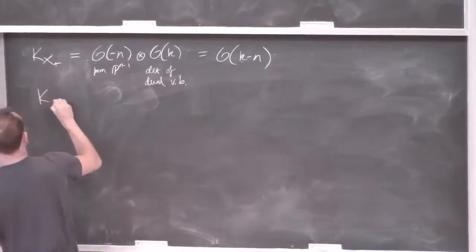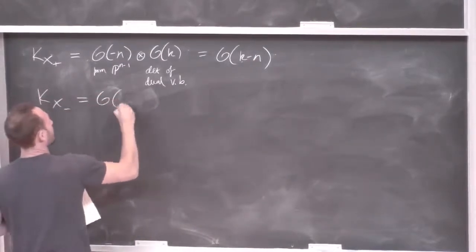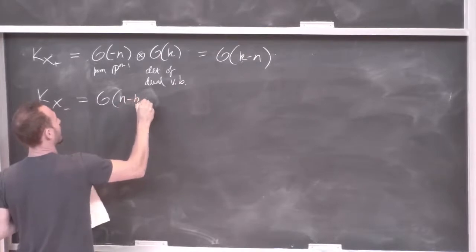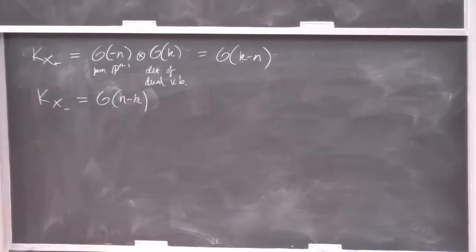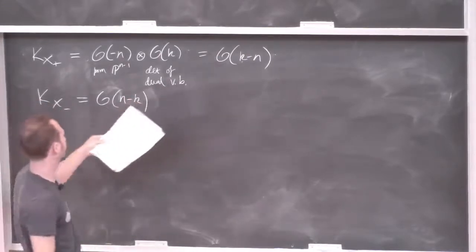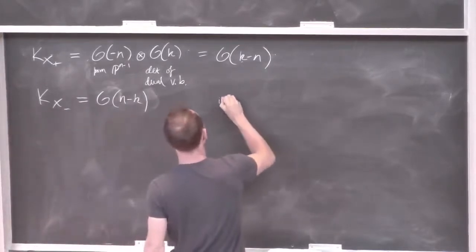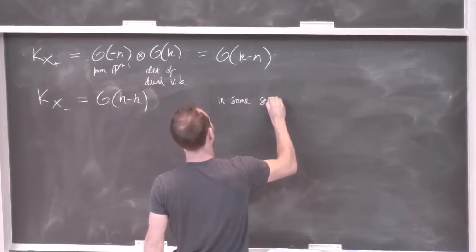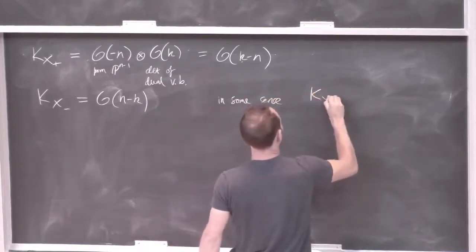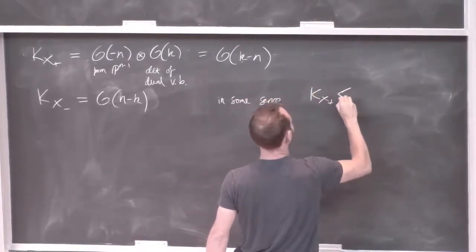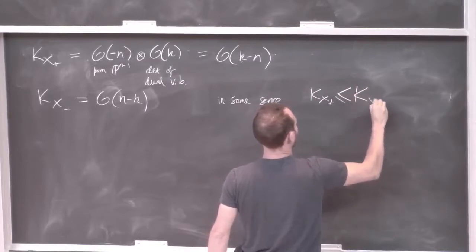On the other hand, if I computed the canonical bundle of X minus, then the numbers would go the other way, and I'd get O(n-k). So one is negative, and the other is positive. So in some sense, K_X+ is smaller than K_X-.